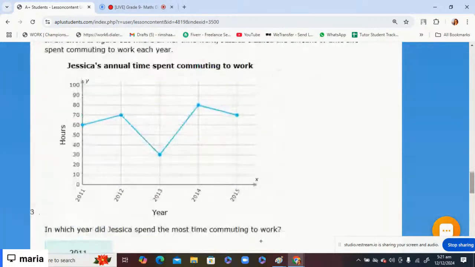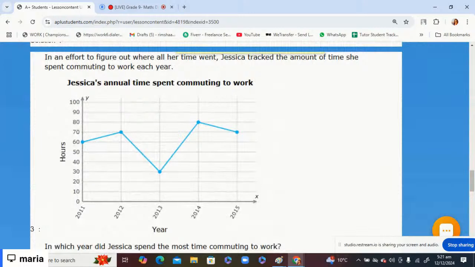Now in this question, they are saying that in an effort to figure out where all her time went, Jessica tracked the amount of time she spent commuting to work each year. In 2011, it's 60 hours.